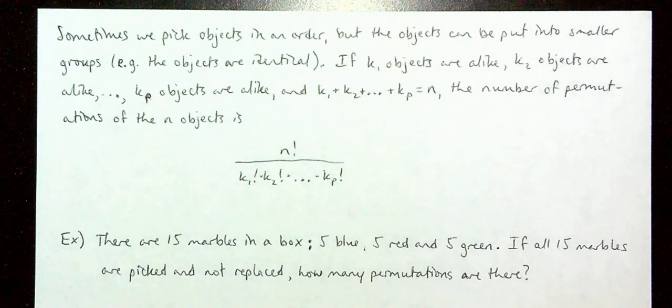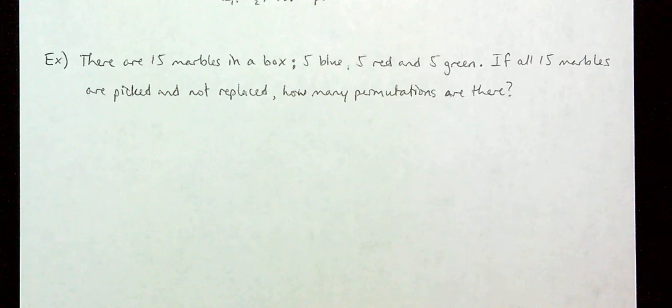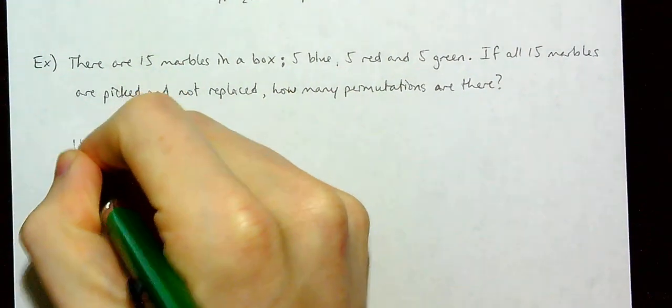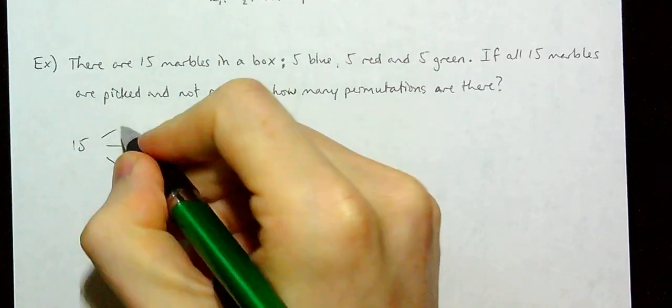So here's a sample problem to show you what we're talking about. Suppose there are 15 marbles in a box, 5 blue, 5 red, and 5 green. If we pick all 15 marbles out of this box and we don't replace them after we pick them, how many different permutations are there for the choice of 15 marbles? So we have 15, but they're broken up into 3 groups.